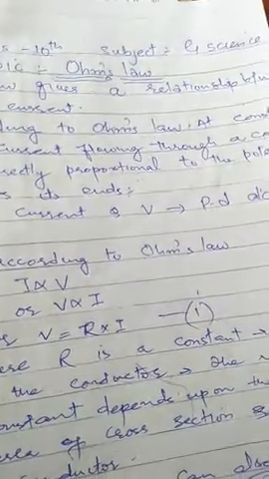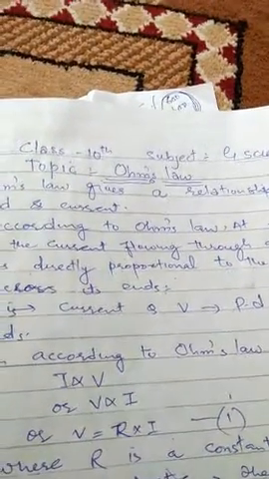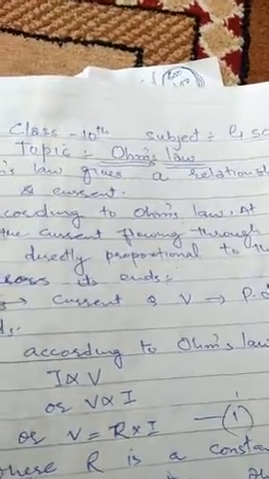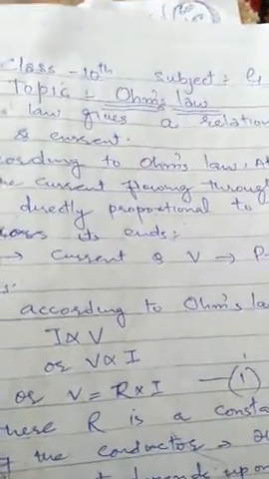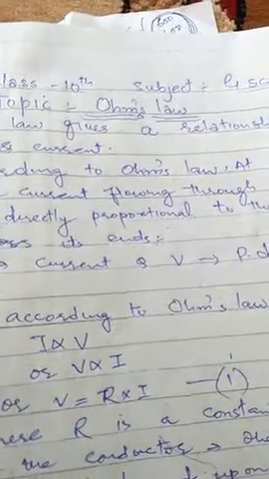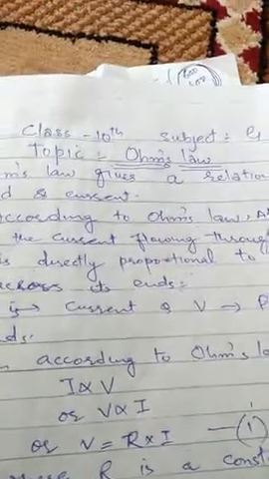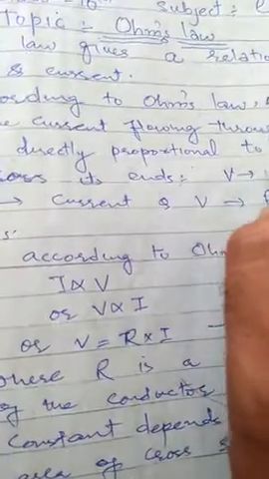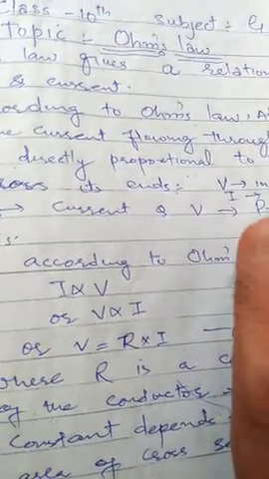That means as the potential difference applied across the ends of a conductor is increased, the current flowing through it also increases. As the potential difference V is increased, I also increases.